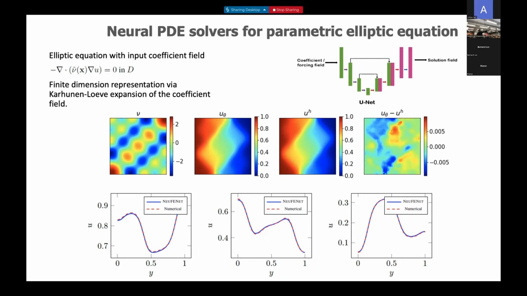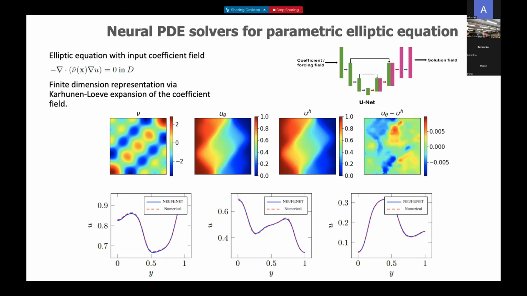So here's my input field, my coefficient nu, and output is my solution field, and I ensure that my predicted solution field satisfies this equation. So I just check the residual of that for my whole complete domain, and I minimize that residual, and that seems to work. Here's an example of a new field, non-trivial, log of the nu. And this is essentially how my predicted solution looks. This is a ground truth solution, and this is the error.